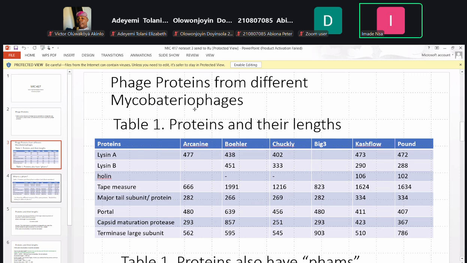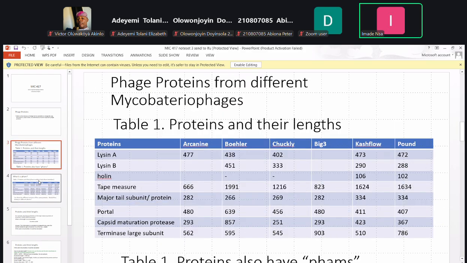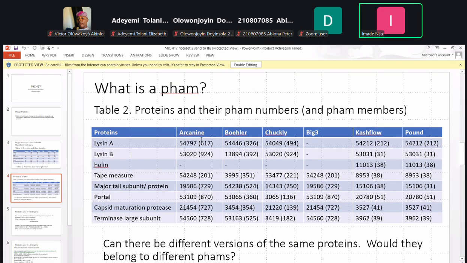Now, I want to tell you how the pham number operates. When you see this, come back here, lysin A, and you see numbers like this. The number here represents the pham number, and the 617 represents how many phages have this pham number.